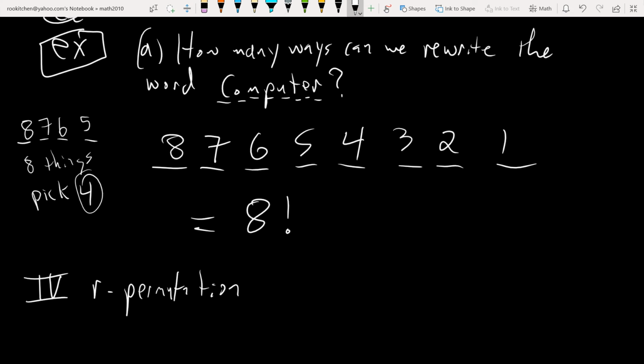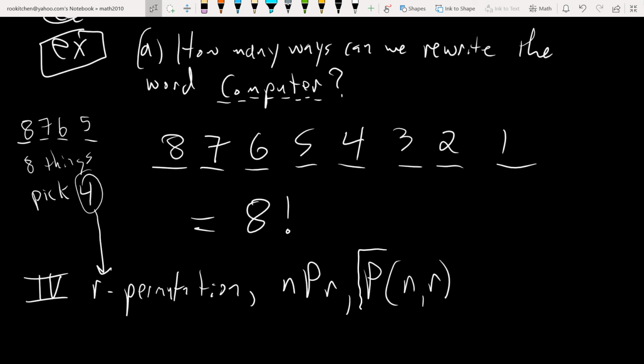This number 4 is the r value I'm talking about in r permutations. Our notation for it will be nPr, or on a lot of calculators it's P of n, r. And in the homework, this is the way they will write that as well.